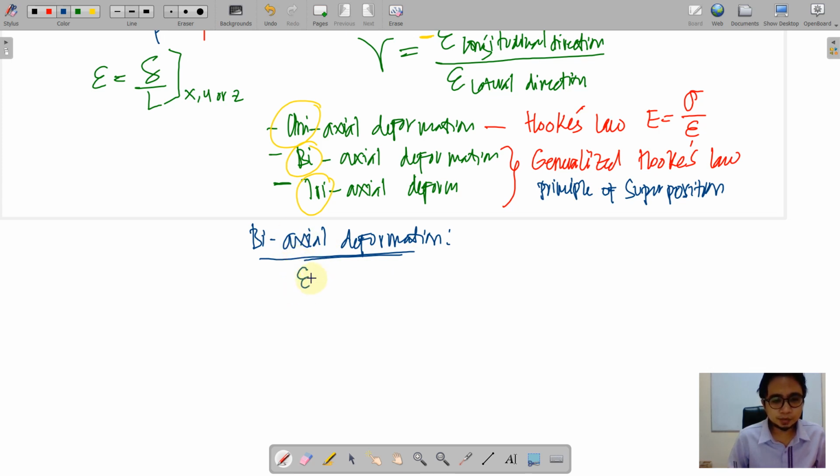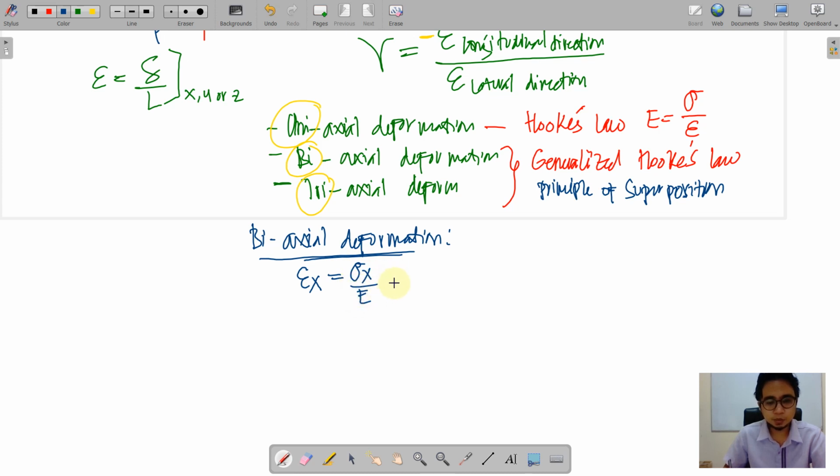The strain on the longitudinal axis is equal to the strain along that longitudinal axis.